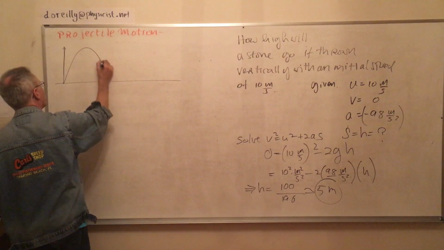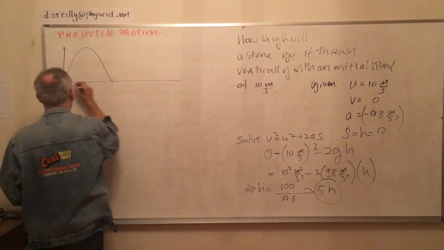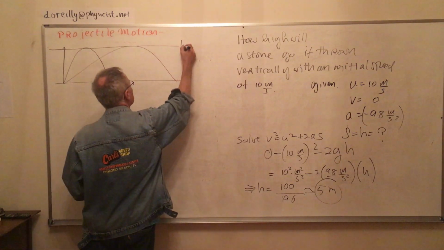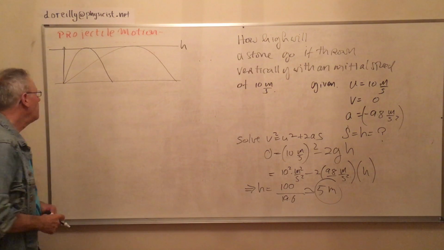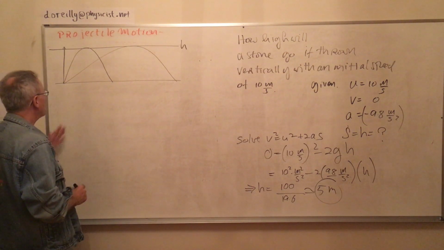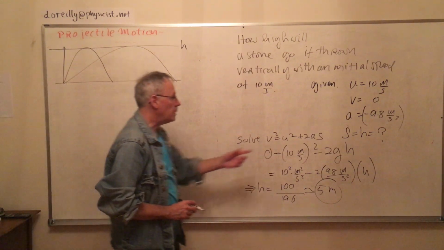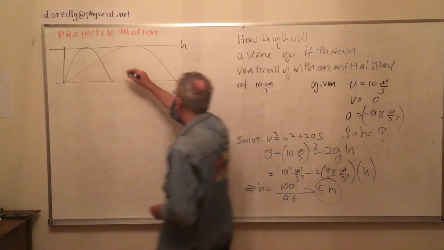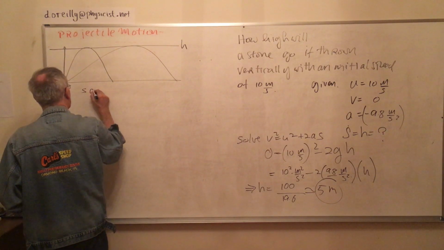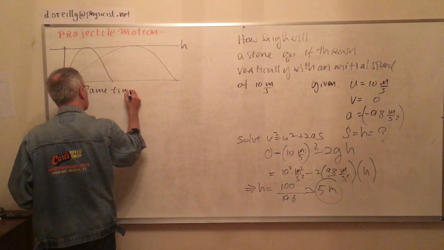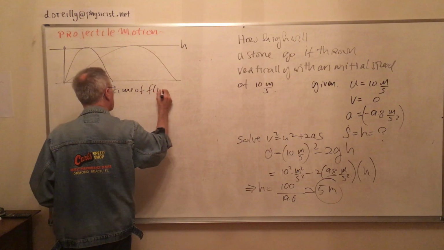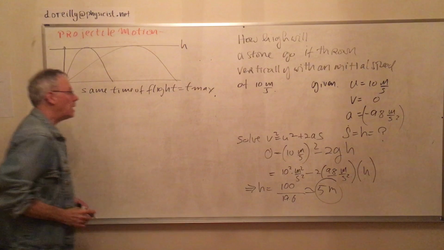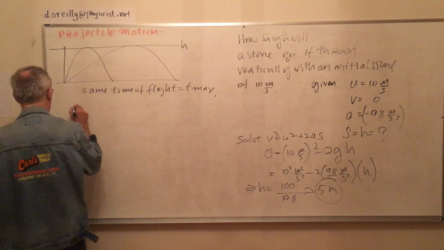But I could give it a sort of a horizontal speed, or even a greater horizontal speed, but it still goes up to the same height if the vertical component of motion is 10 meters per second. Okay? So all these will have the same time of flight, which is T max.